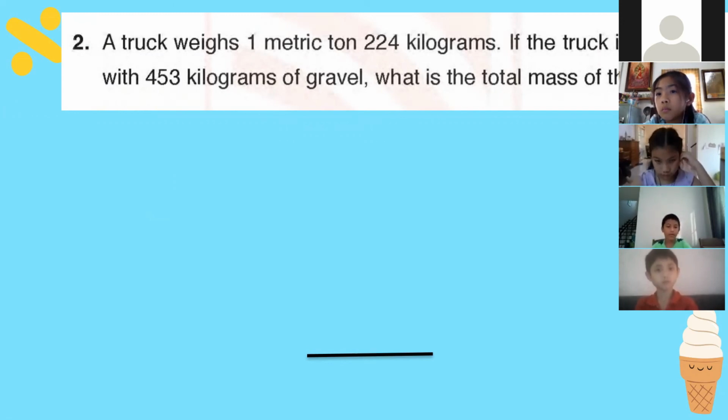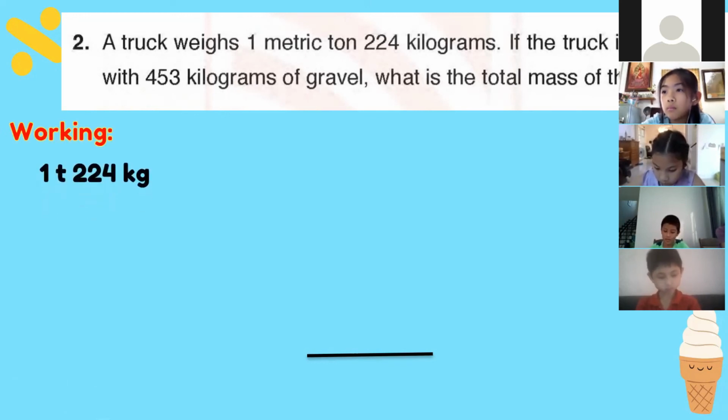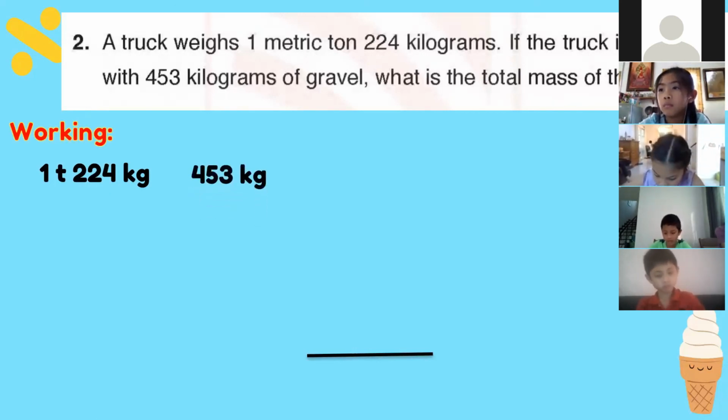So meaning you put something on top of the truck. So what is the mass? Let's do the working. So as you can see, you have 1 ton and 224 kilogram, and then 453 kilogram. There are only two, right?